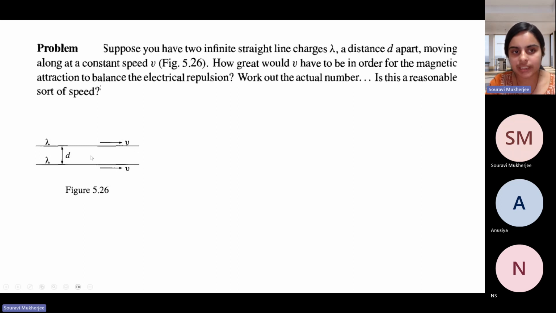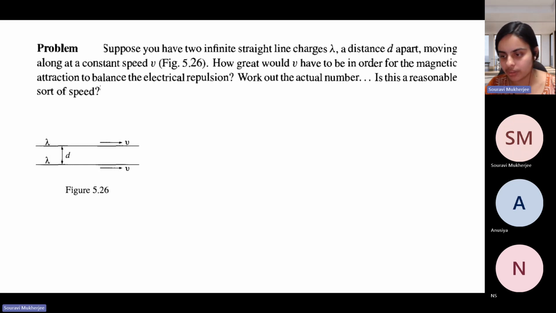So what is the effective current that is flowing through this wire, or this straight line? Can you tell me? We just discussed that if you have some wire with a charge distribution and they are moving, what is current?